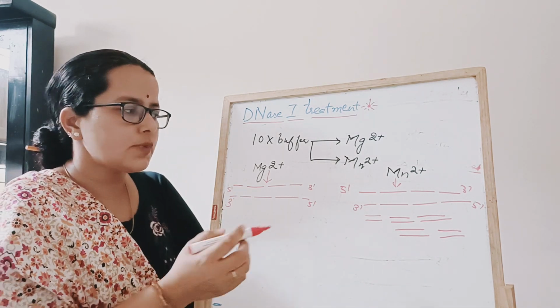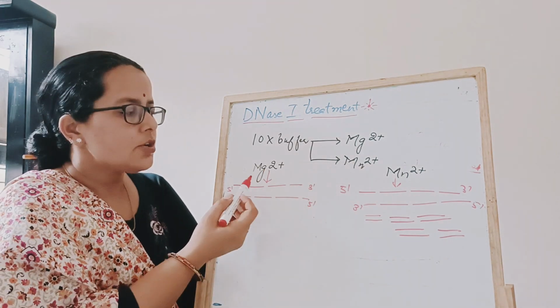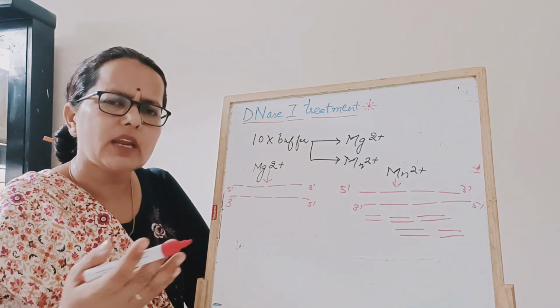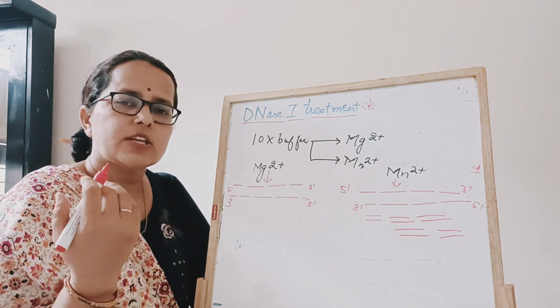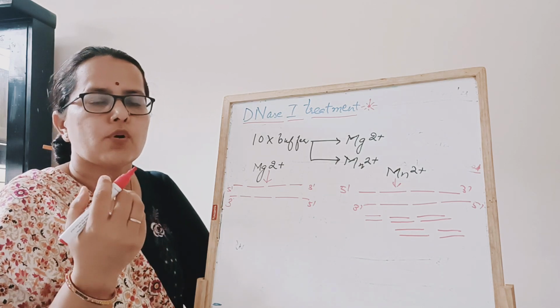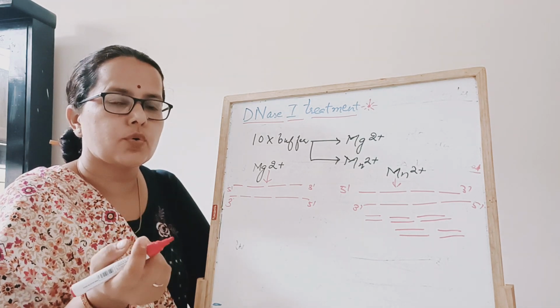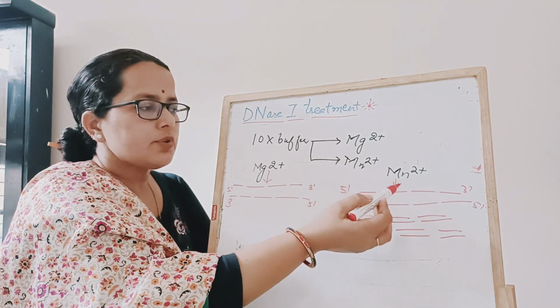Now the question is where we use magnesium ion and where we use manganese ion. Magnesium ions are used where you don't want any DNA molecule as a contaminant in your RNA, like gene expression studies, cDNA libraries, or in vitro studies. But where do we use manganese?